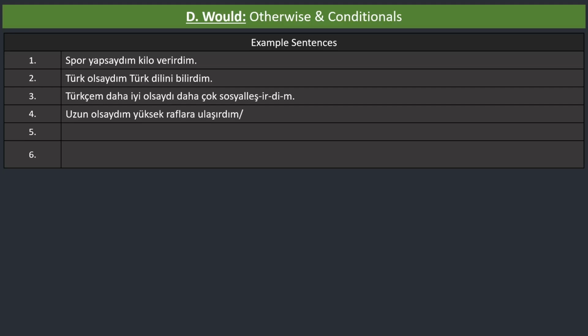Sometimes you can also say yetişmek, yetişirdim. Both of them are correct. Zengin olsaydım Türk vatandaşlığı alırdım. And if you want to insert hemen, like right away, zengin olsaydım hemen Türk vatandaşlığı alırdım. It goes here, it sounds better.